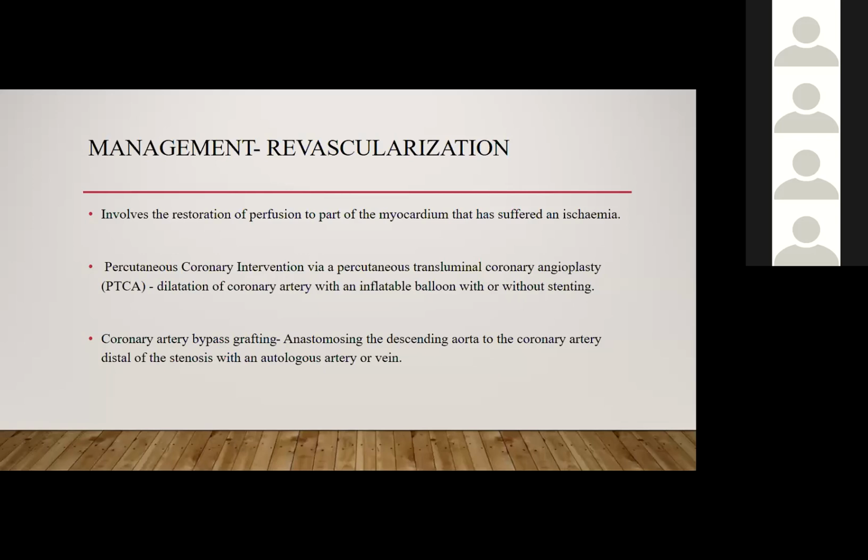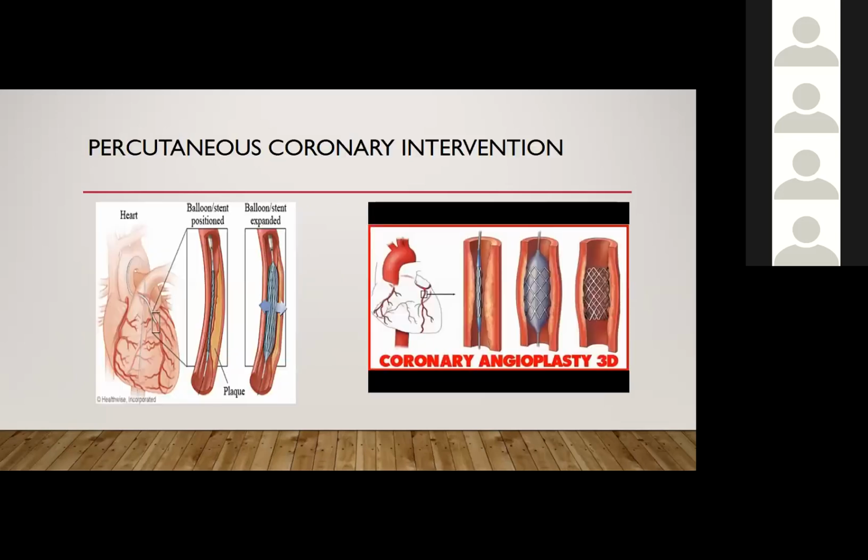Basically, you go ahead and then you do a surgery for the patients, right? And the focus is on restoring the perfusion. So you can either do a percutaneous coronary intervention, okay? You go through the skin and do some form of angioplasty for the patient. You pass a stent in there.